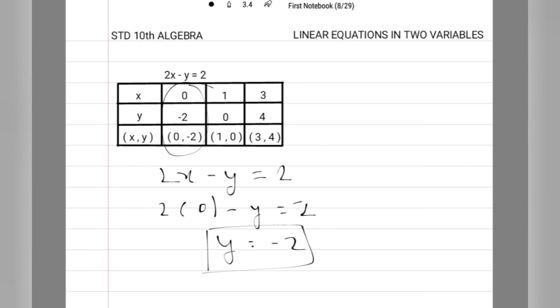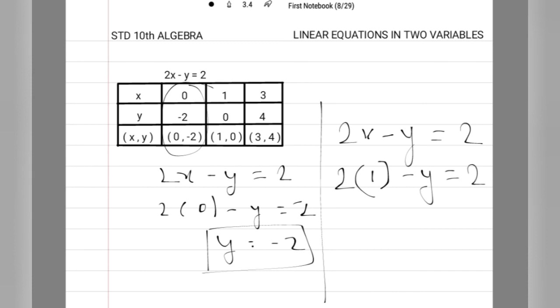For the second, if we put x is equal to 1 in 2x minus y is equal to 2, then we get 2 into 1 minus y is equal to 2. Now 2 into 1 is 2, that 2 goes on the opposite side, so it is 2 minus 2 which will be 0, and y is equal to 0. So this is the second coordinate, that is 1 and 0.